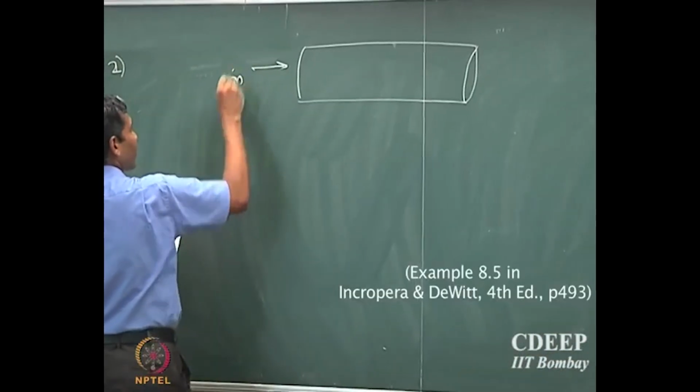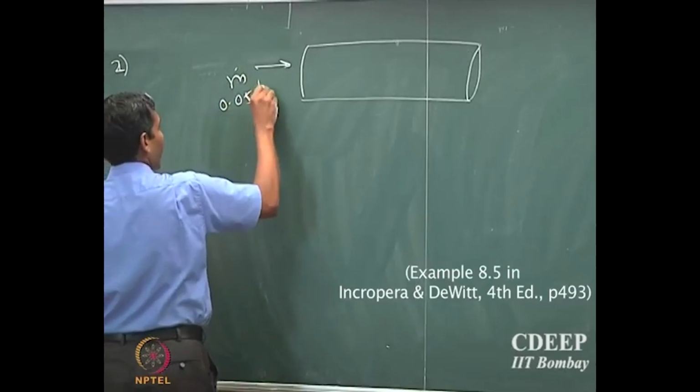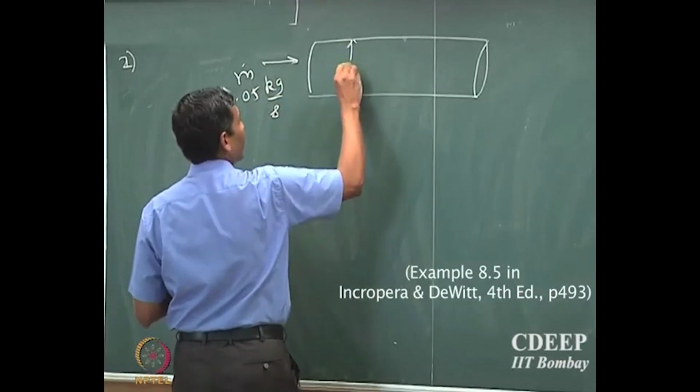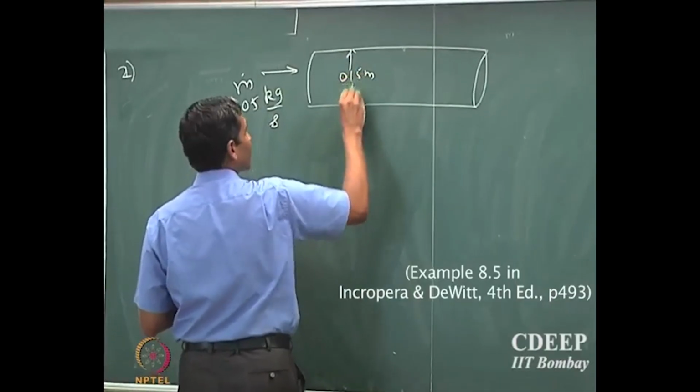We have a tube and a fluid flowing through it at 0.05 kg per second, and the diameter is 0.15 meters.